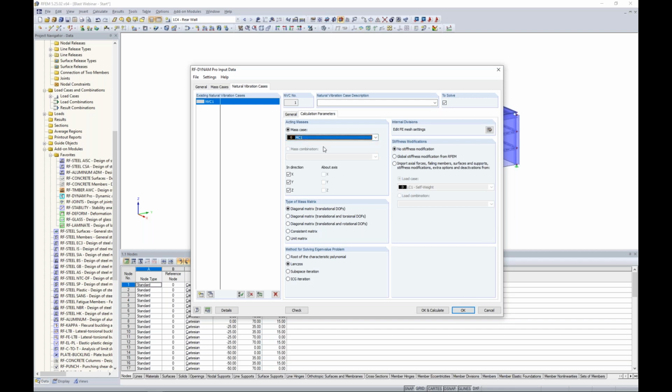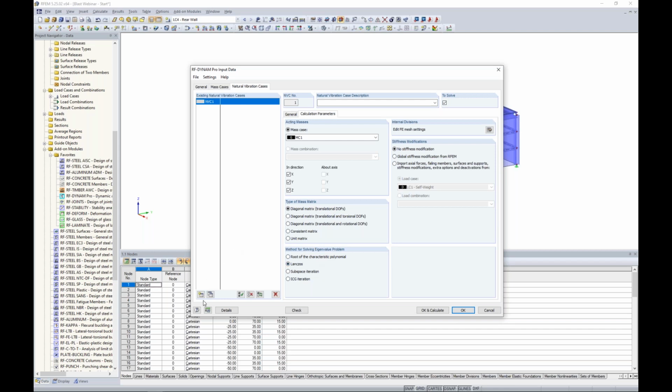As far as the directions or about which axes this mass is acting, this is somewhat dependent on the type of mass matrix. So you'll notice with the diagonal matrix, translational degrees of freedom, some of these options above are grayed out, but as we scroll through these, translational and torsional degrees of freedom, rotational, we have different options available to us. So we'll be moving forward with the diagonal matrix translational degrees of freedom for today, as well as the general Lanczos solver.